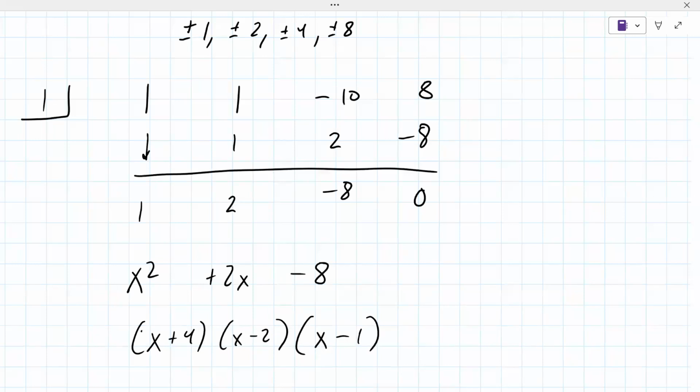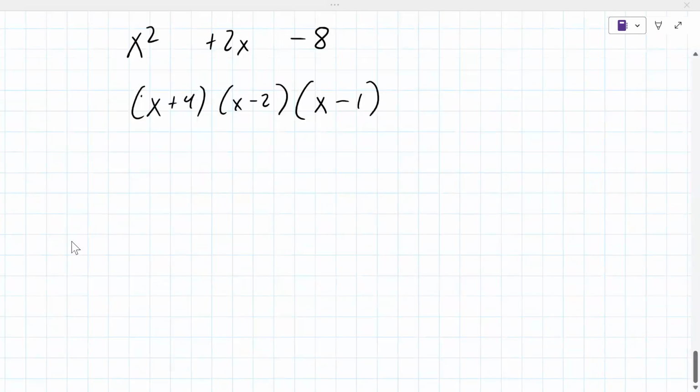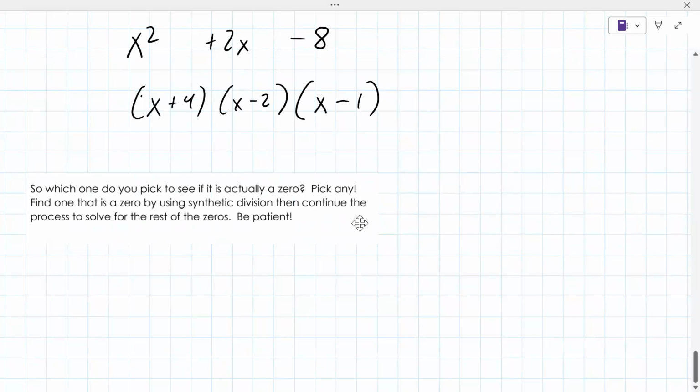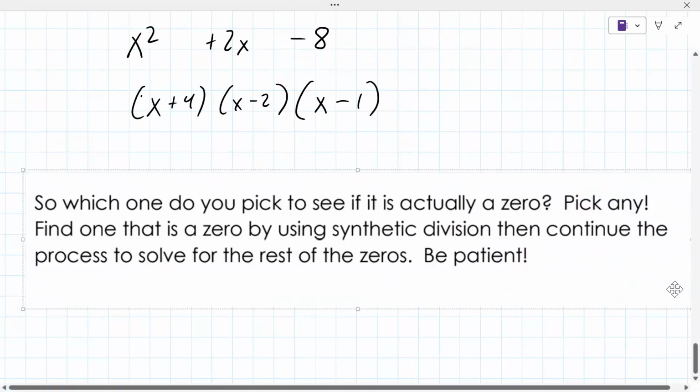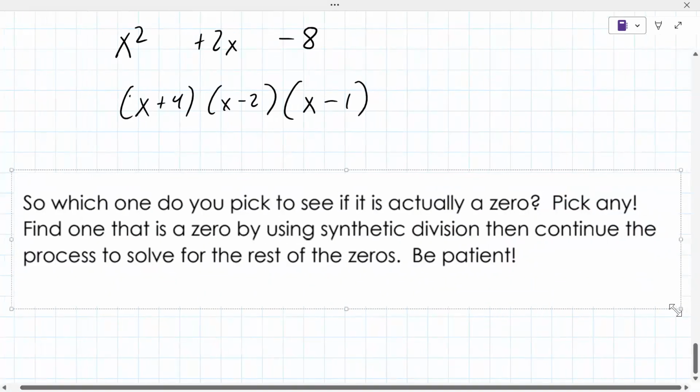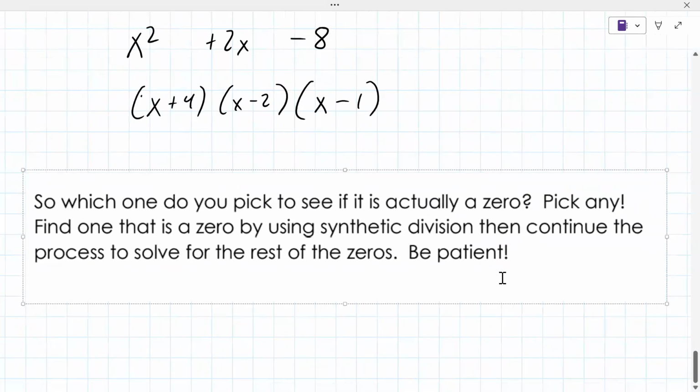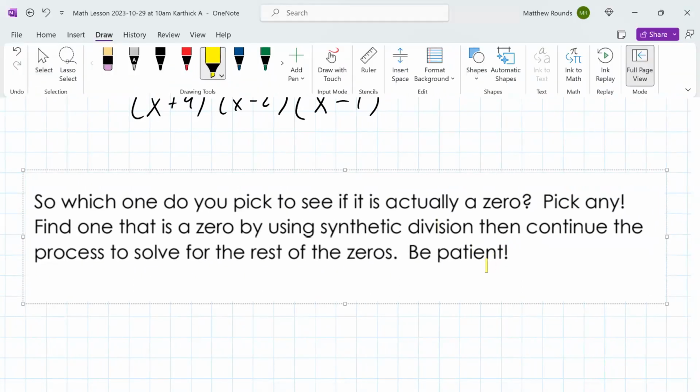Now, again, you can get some insight into the way the teacher thinks based on what they write. You can see here at the end, be patient. So the teacher's basically saying you're gonna have to do this until you get the right 0.